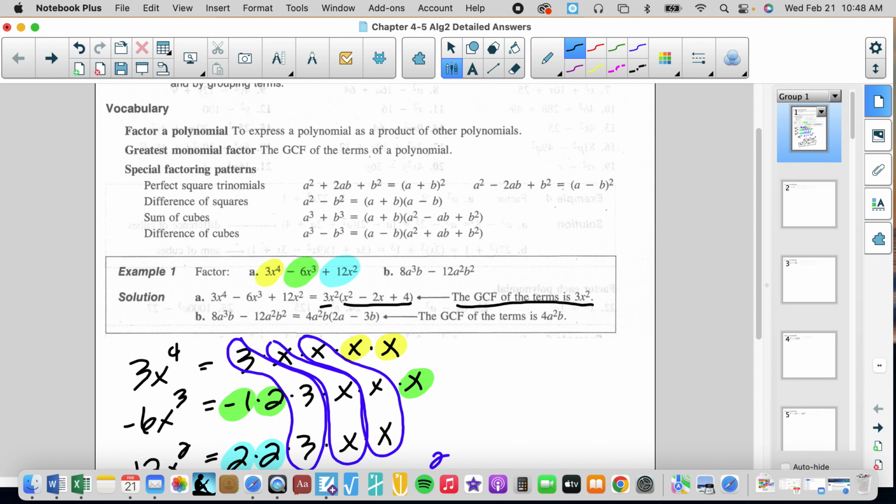Now, these special factor patterns are definitely a whole other subject, and this is more of an algorithm. I talked about algorithms when we were multiplying conjugates and multiplying binomial squares, whether they had a negative in the middle or a positive in the middle.